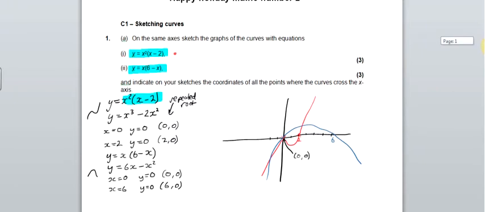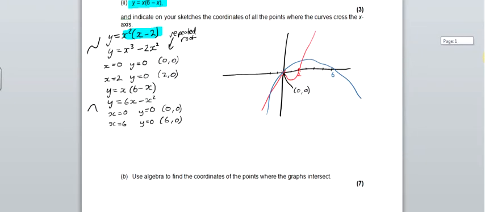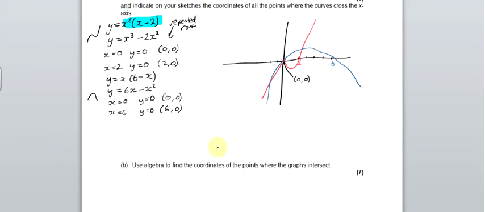On a bit of paper. So now we are going to use algebra to find the coordinates of the points where the graphs intersect. So this is a trivial bit of algebra.